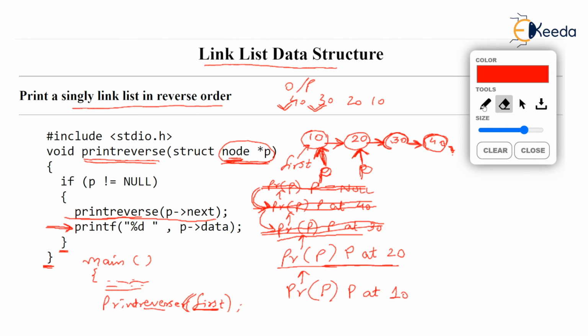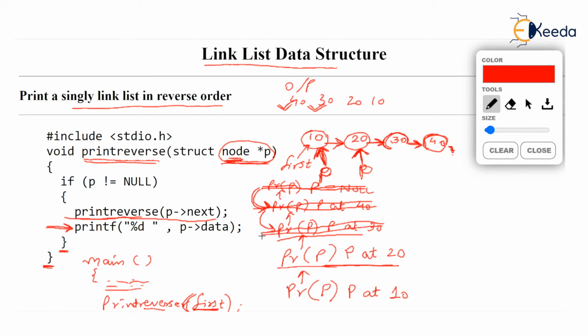And what happens is print reverse 20 resumes because that was the calling function. Needless to say, print reverse 20 will resume with its printf p arrow data. So printing 20 now on the screen. And after printing data, there is nothing pending in the function. So print reverse 20 also comes to an end. Destroying p local parameter because the function is getting finished.